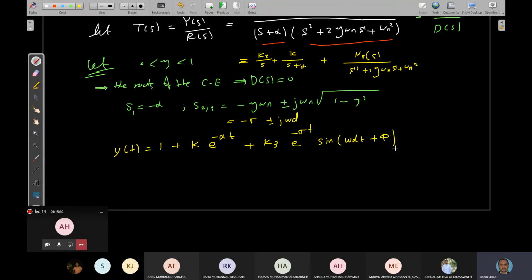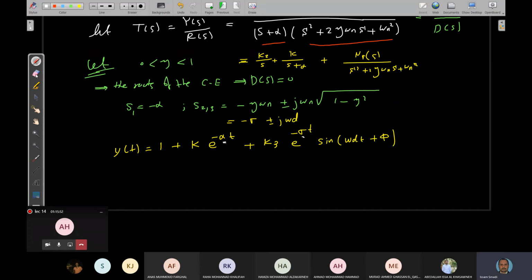This is the general form. Now I don't care about the gain terms in this case. What I care about is the order of magnitude, or the relation between the first root and the real part of the second root.